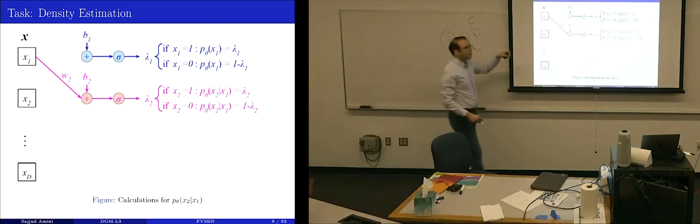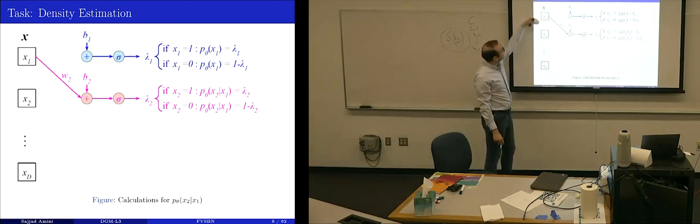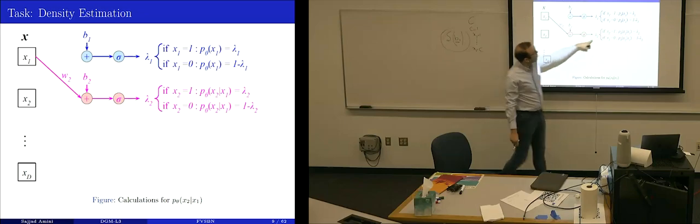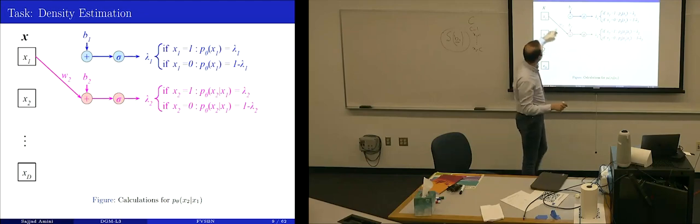Assume that we are now estimating the probability, the density over this random variable. Again, I do not need one number here. I need a vector of length C here. Okay? What should I do?